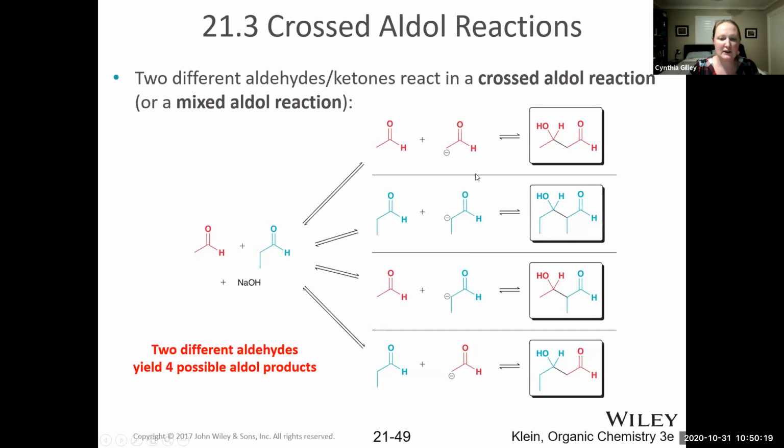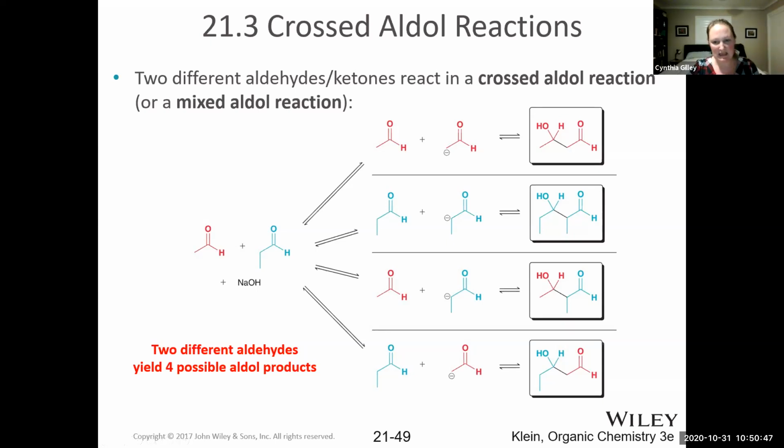Then these two enolates can react with either the starting aldehyde that formed that enolate, or the other aldehyde. So there are four unique situations where the aldol reaction can occur, forming four different products.